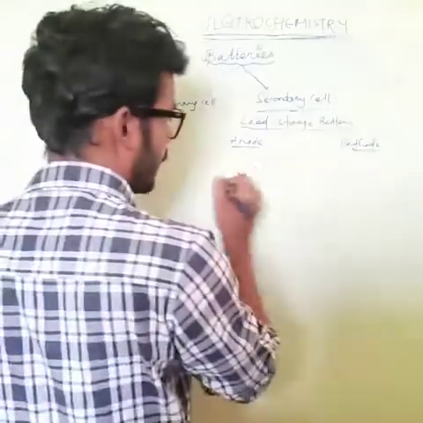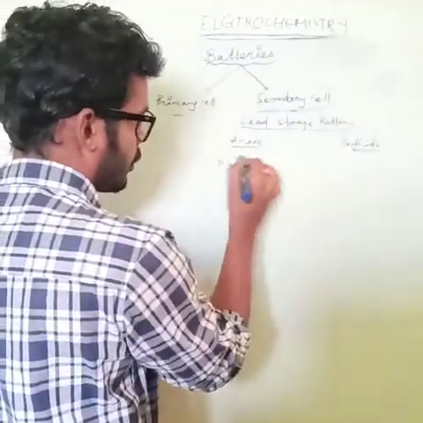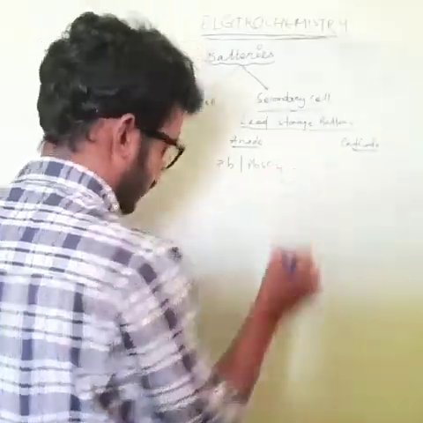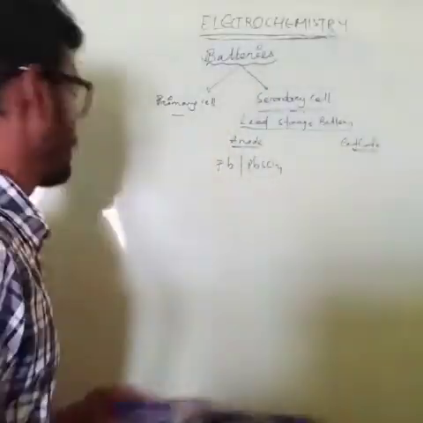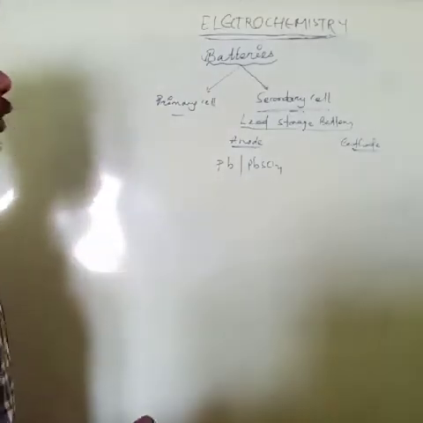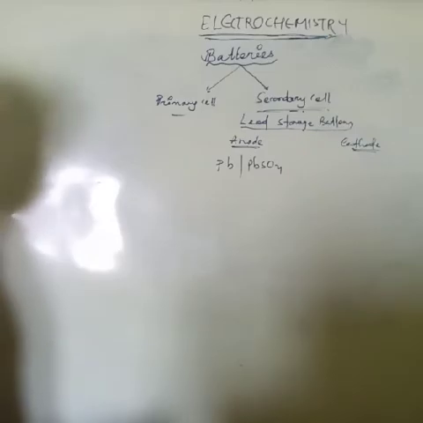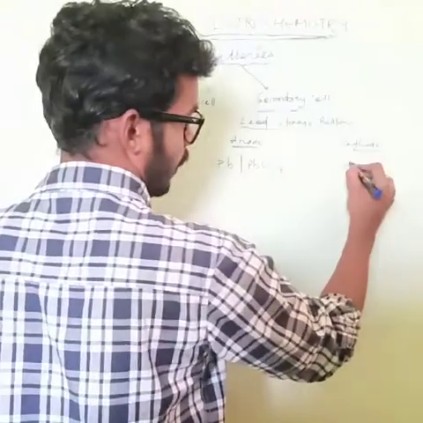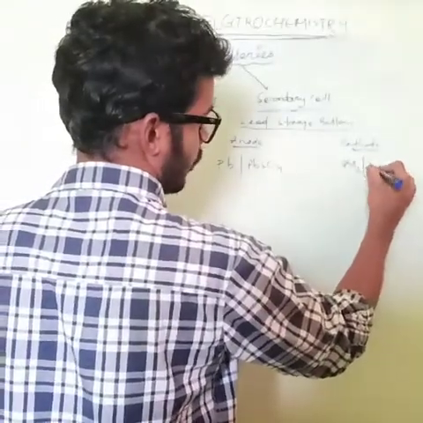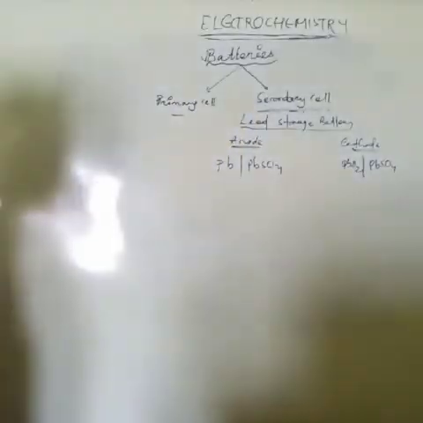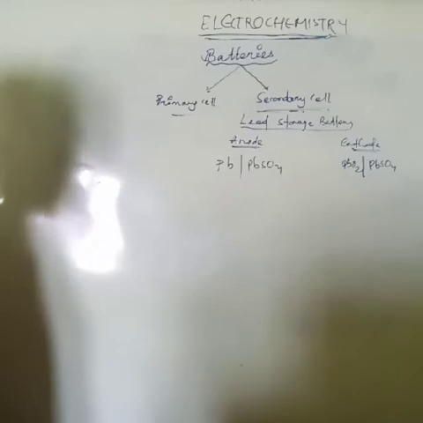So here what happens in the anode, I am writing Pb to PbSO4. It converts Pb to PbSO4. In the cathode, PbO2 to PbSO4.